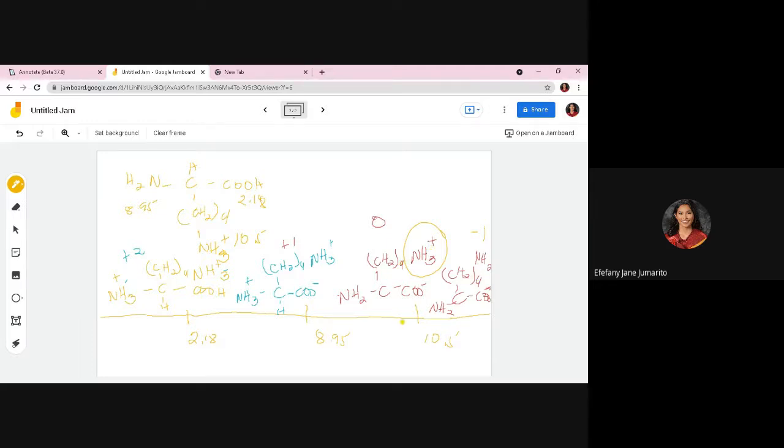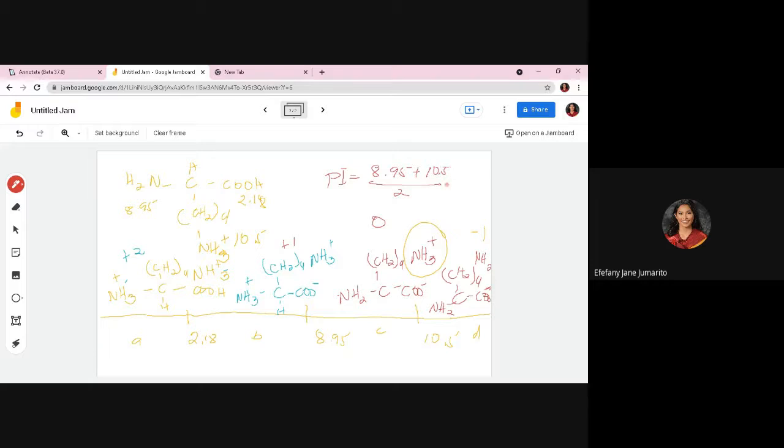Now, what structure is the zwitterion form? Structure 1, letter A, B, C, or D? C, ma'am. Okay, structure C. Now, what will be the PI there? Between 8.95 and 10.5, ma'am.